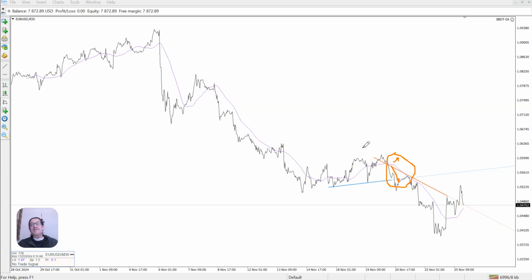So this is not a sell position. Where the sell position starts is right here in this area when the 50 SMA moves below the trend line and price moves below the 50 SMA. So you would enter a sell position here and then you simply let it ride.